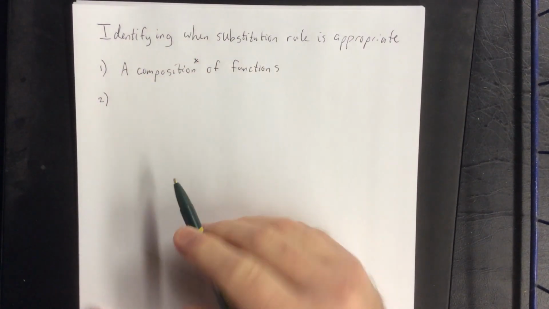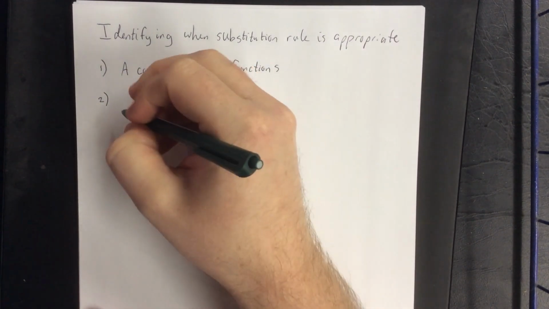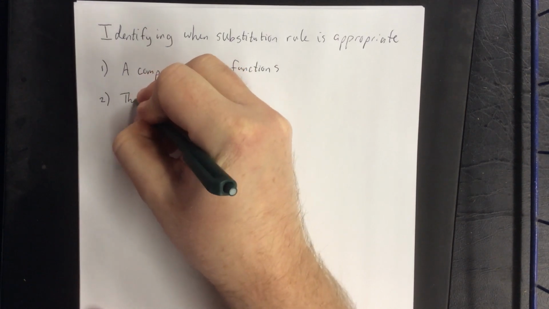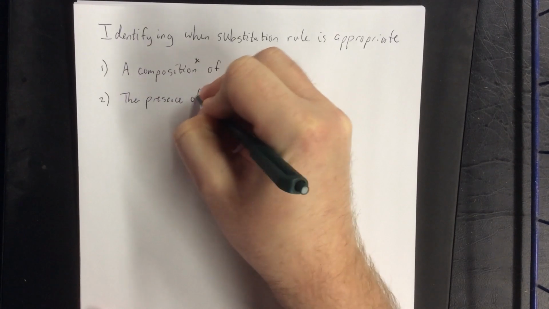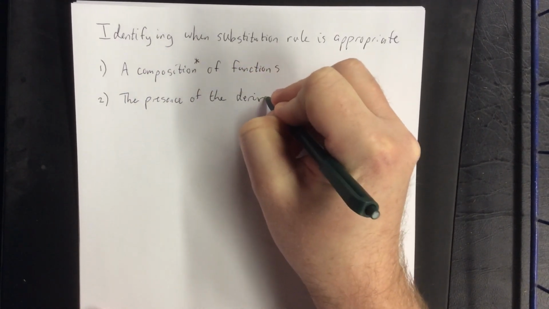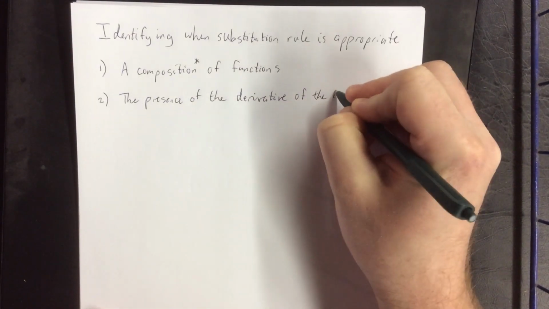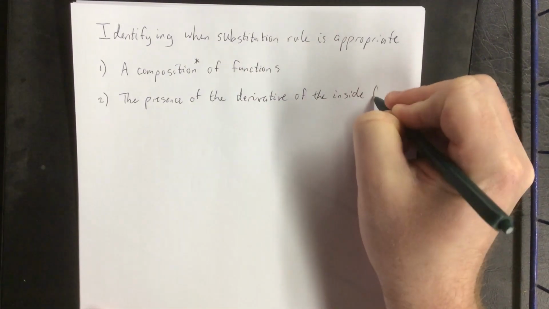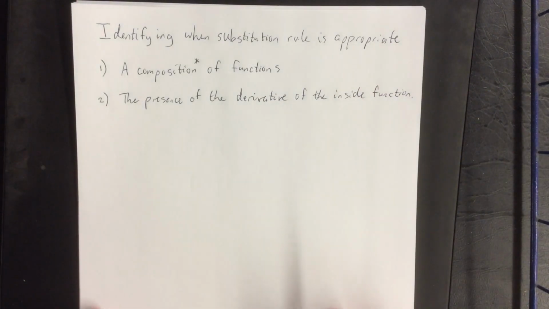However, the other substitution that I mentioned, the differential substitution, is just as important. So with that in mind, the presence of the derivative of the inside function is going to be important as well.